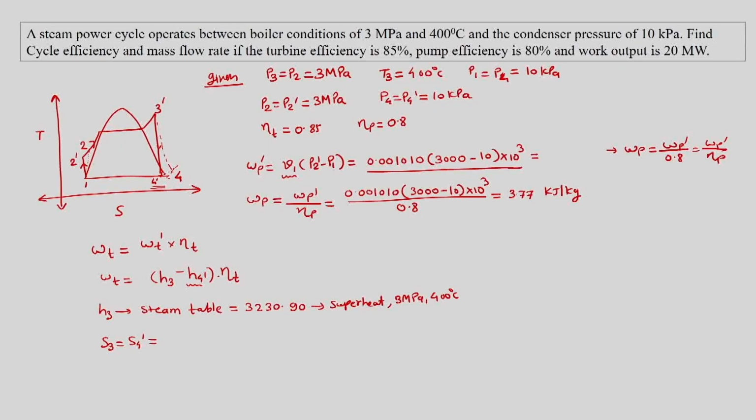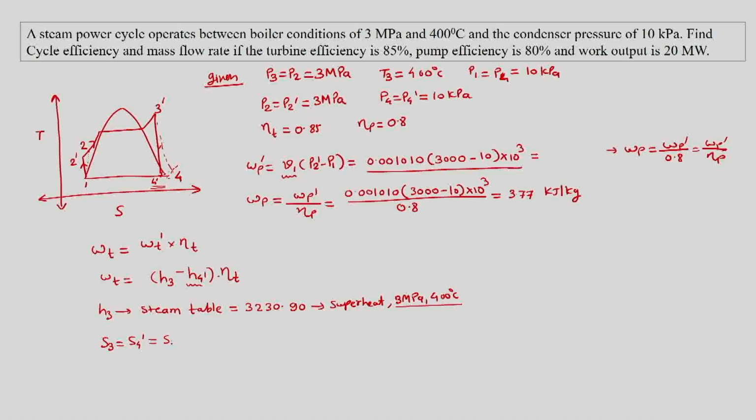So we need to find out S3 from the steam table corresponding to 3 megapascal and 400 degrees Celsius in the superheated part, and then we can write it as S1 plus X4 into SFG, where S1 is the entropy of saturated liquid corresponding to 10 kilopascal, and SFG is latent entropy corresponding to the 10 kilopascal pressure. Knowing this and knowing the left hand side, we can find out X4, and X4 turns out to be around 0.83.